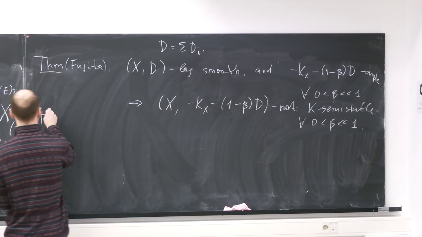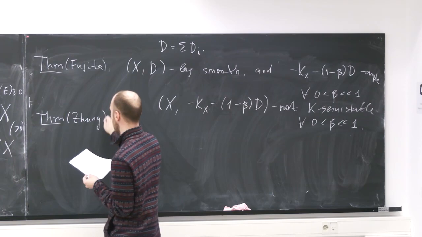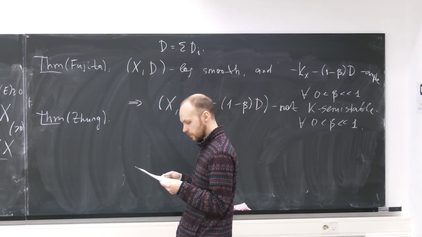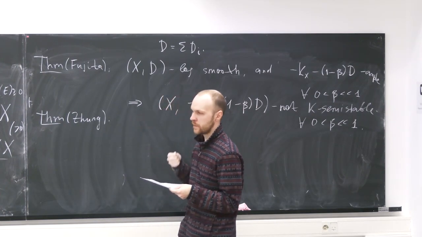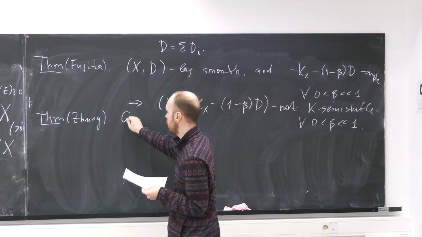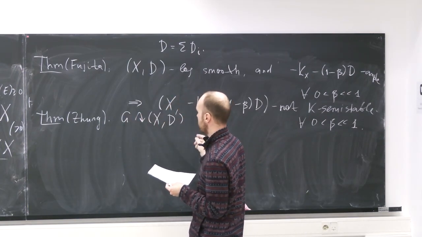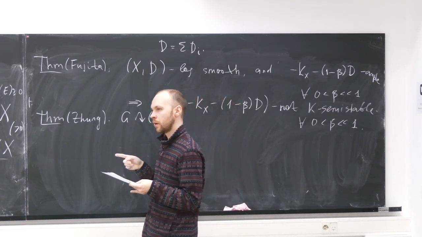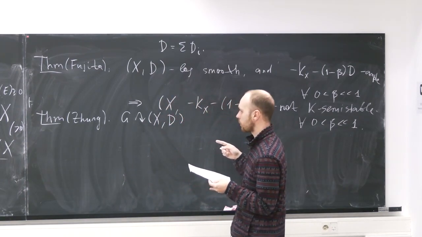The first one is due to Jean, which says that we can use the symmetries of a pair, namely if G is a... Juan is going to be here in an hour, right? I hope so.